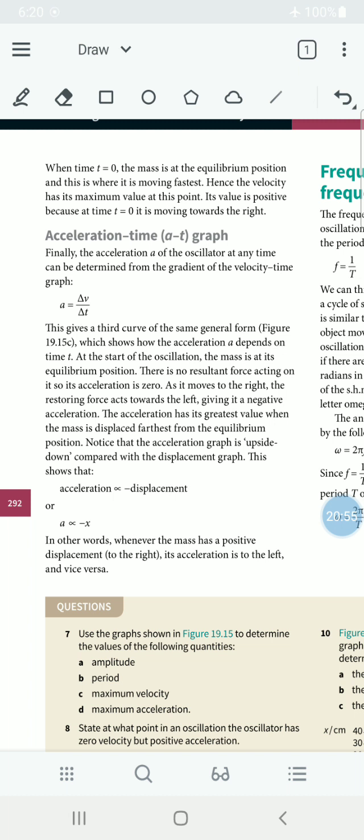Going to the right, it has a positive displacement, but as the restoring force is towards the equilibrium position, it would have a negative acceleration.